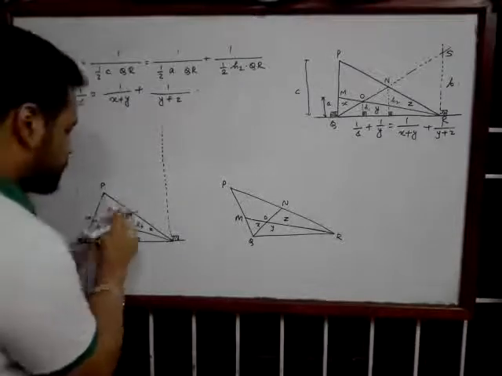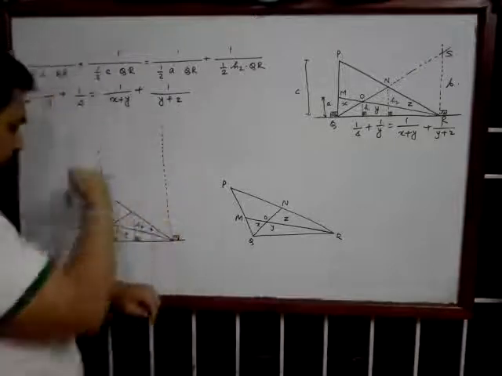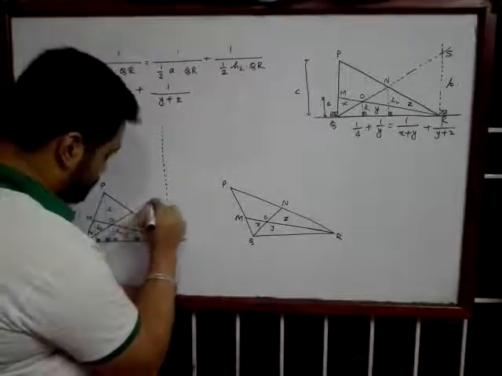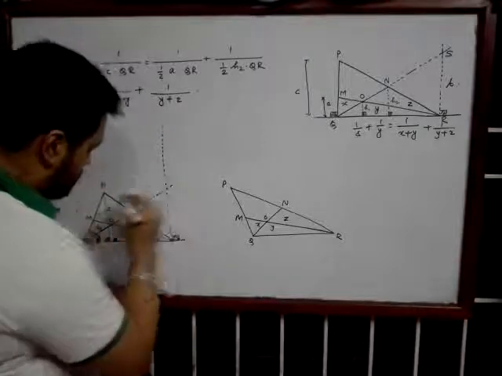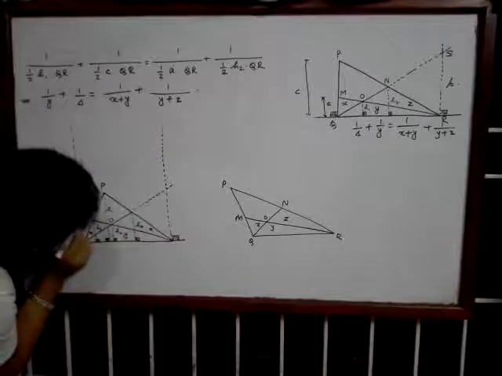Now produce the cevians to meet these two lines. Produce this cevian like this, and this cevian like this.